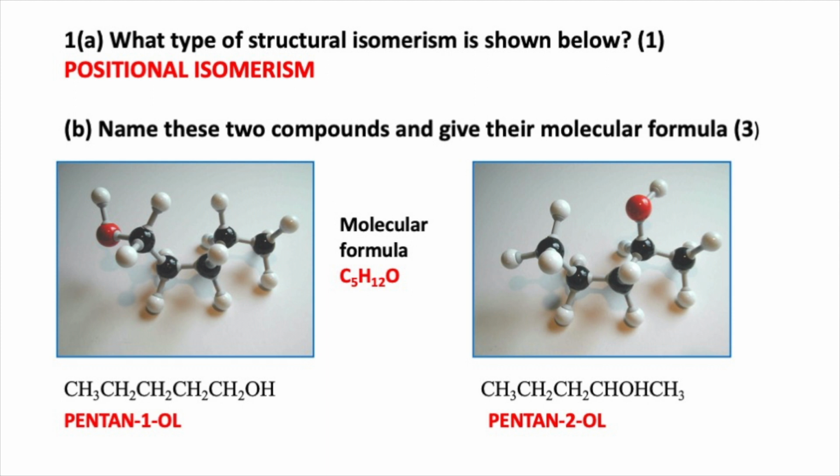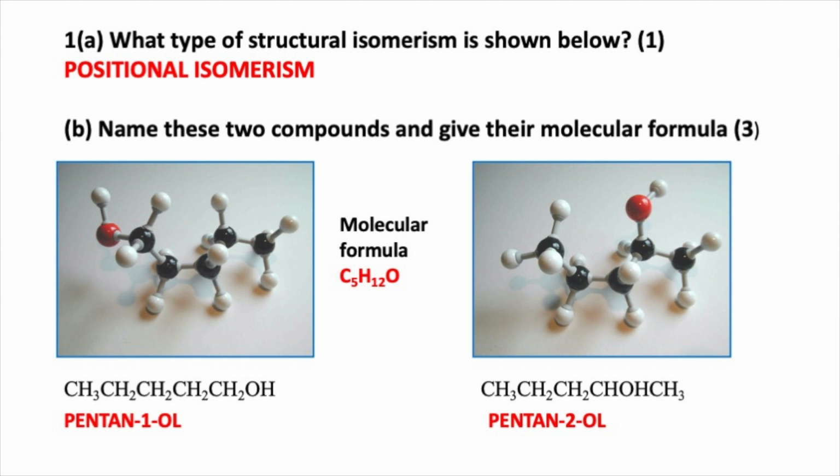And our second compound has 5 carbons in the longest chain, and the OH group is on carbon 2. So it's called pentan-2-ol. They are positional isomers of each other, and both have the same molecular formula, that is 5 carbons, 12 hydrogens and an oxygen, so its molecular formula is C5H12O.